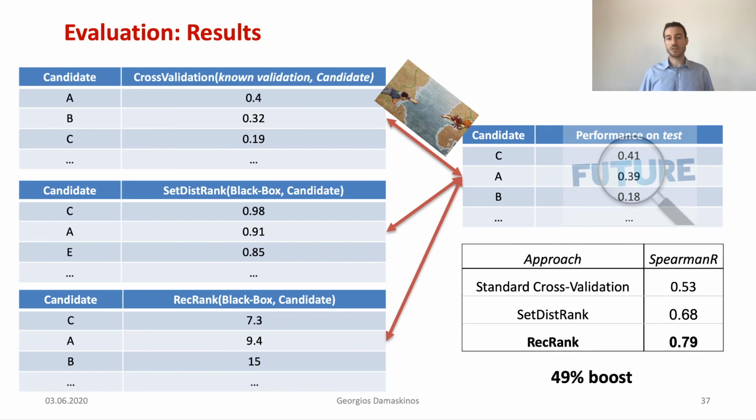In this sense, we see that RecRank has a significant boost in terms of performance by 49%, and we also observe that setDist also gives a substantial boost. That means that just by exploiting this additional ability of querying the black box, we can indeed get better, more robust ranking for our candidate algorithms. The fact that RecRank performs even better shows that the graph representation is indeed helping out.